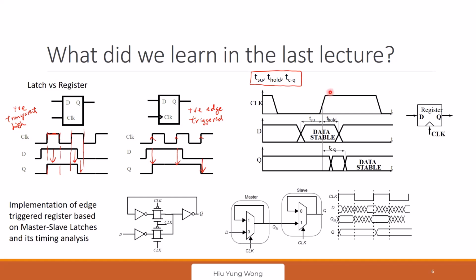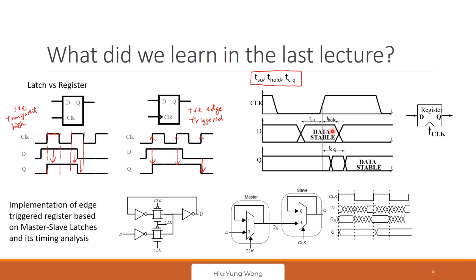When the clock goes up, we require the data to be stable for T setup time. This is a requirement. Why is that? It depends on the particular circuit, but this is a general thing. You need to be ready before I copy. And the same, after I copy, do not change it yet. You need to hold it for T hold.